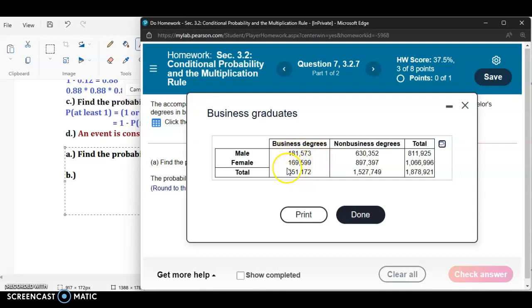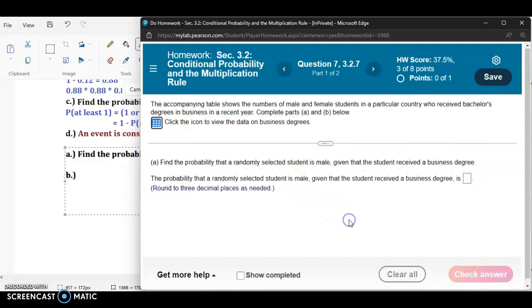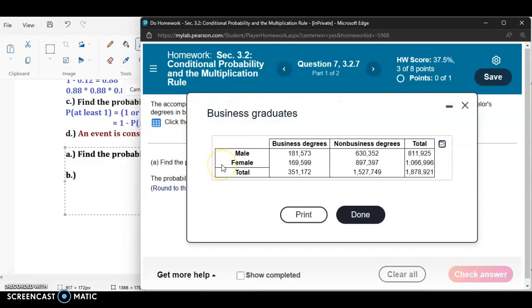So we're specifically asked to find the probability that a student is male given that they have a business degree. This part of the table represents all the males, and these numbers here represent those with business degrees. So you look for where the two events intersect in the table.